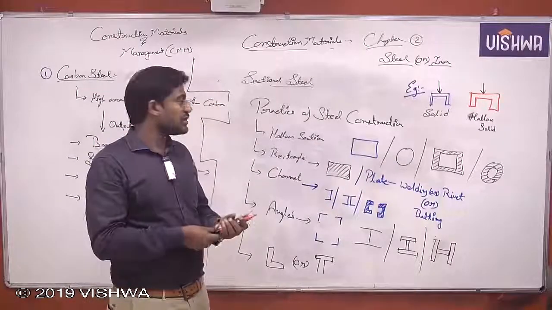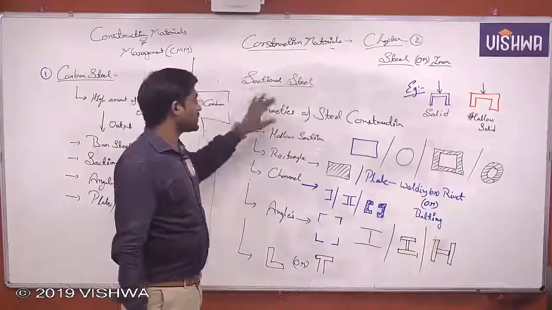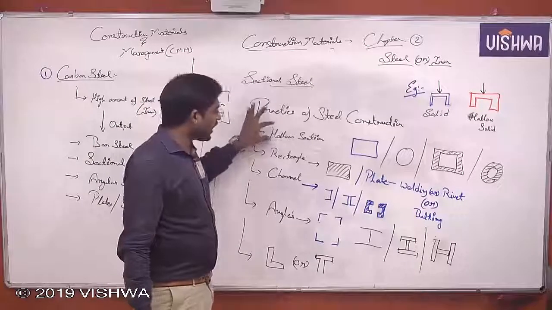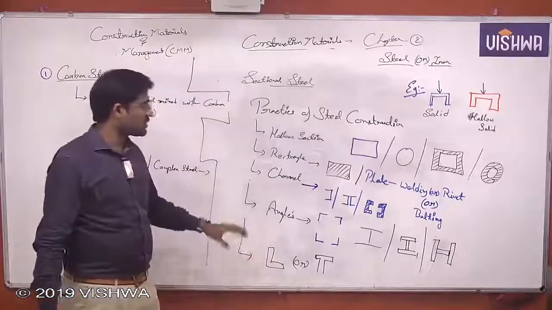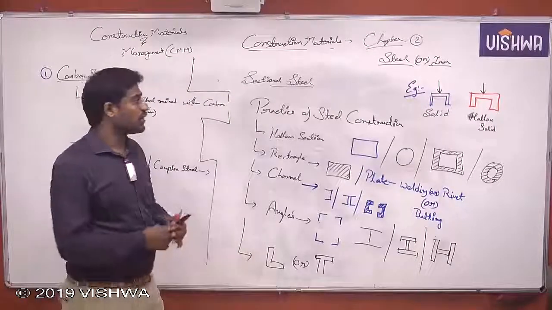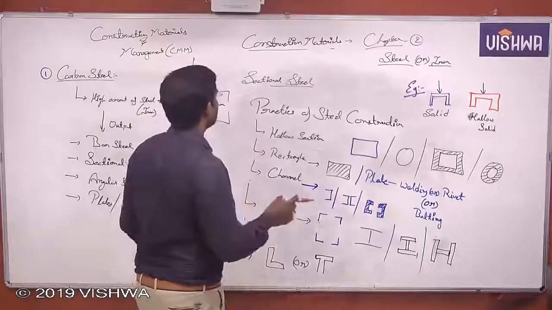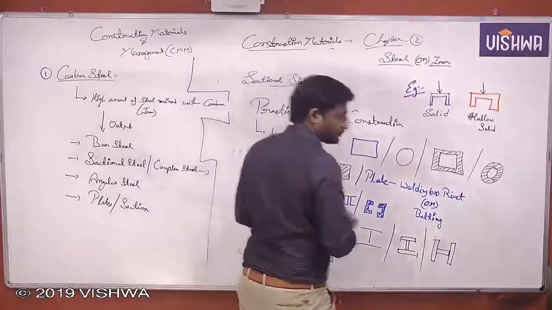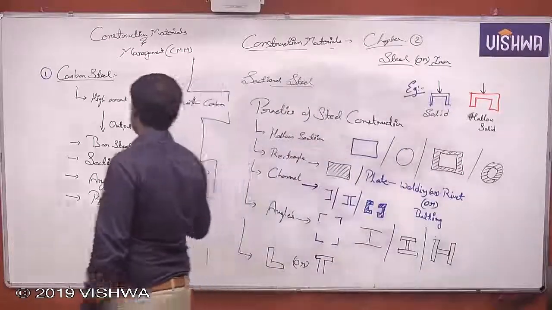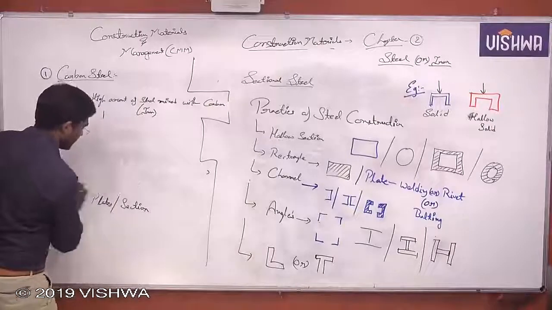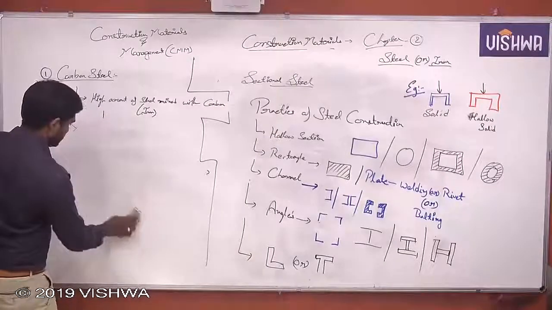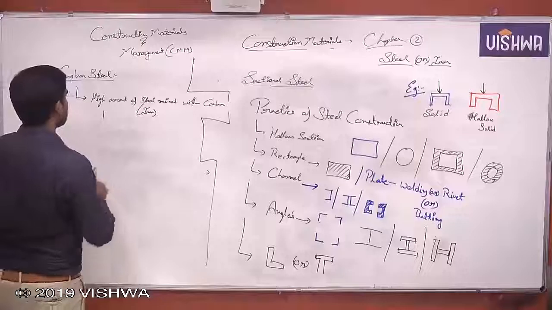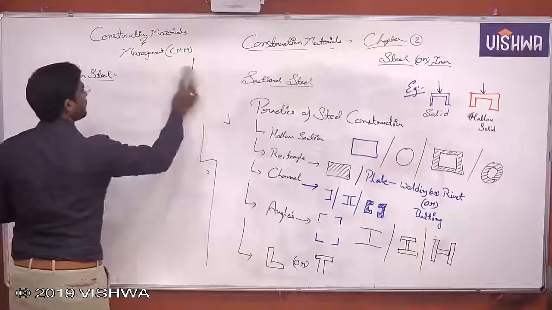So in general practice of sectional steel, hollow sections and angular sections are mostly used. Because, for example, take a current pole.